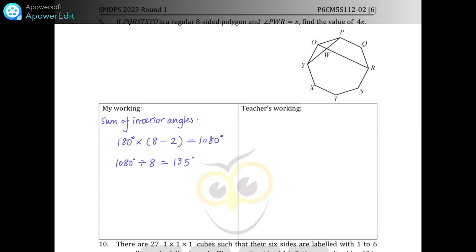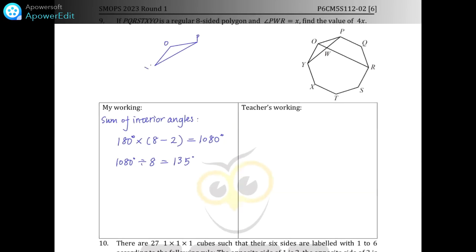Okay, so you check the triangle OPY. This is an isosceles triangle because OY equals OP. Because it's regular, all 8 sides are equal.